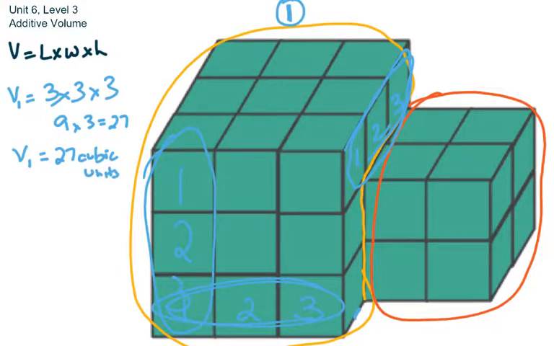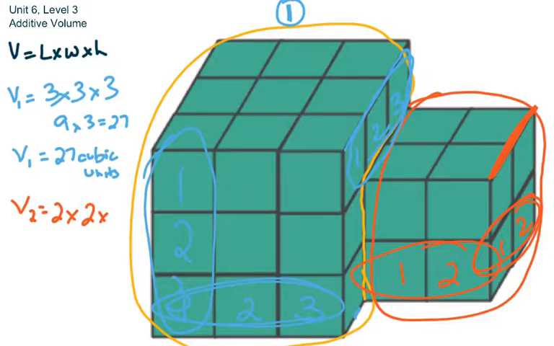Now I'm going to switch gears into the second one over here. And so on this particular guy, who's highlighted over here in orangish red, the volume of number 2, again, I'm looking at length. That would be here. That's 1, 2. And then width, of course, is here, or you can see it up here on the top. That's 2.